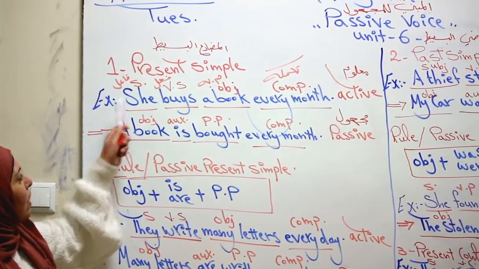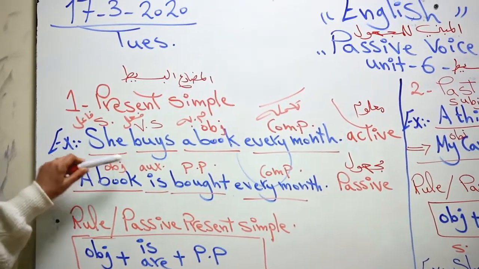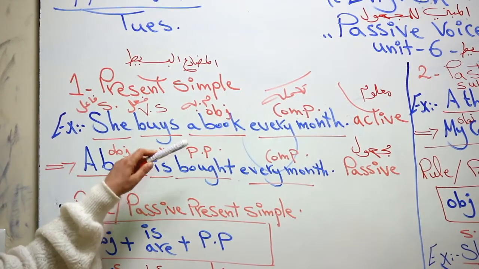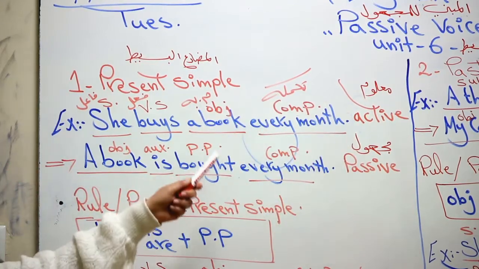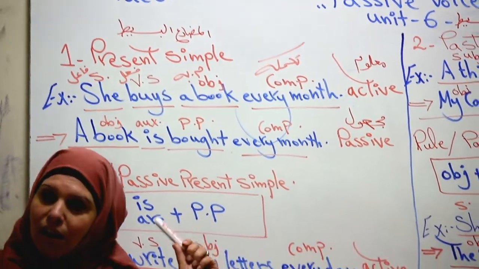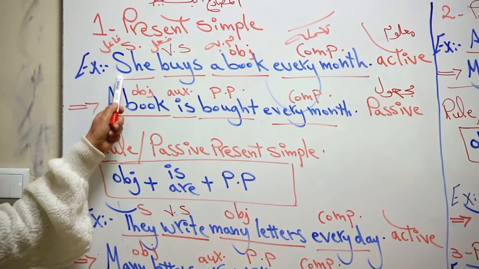So, let us take an example. Number 1, she buys a book every month. This sentence is considered an active sentence. تعتبر هاي الجملة جملة معلومة وليست مجهولة. ليش؟ لأن تحتوي على subject اللي هو الفاعل.